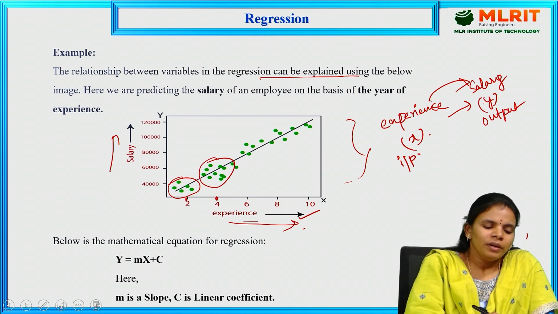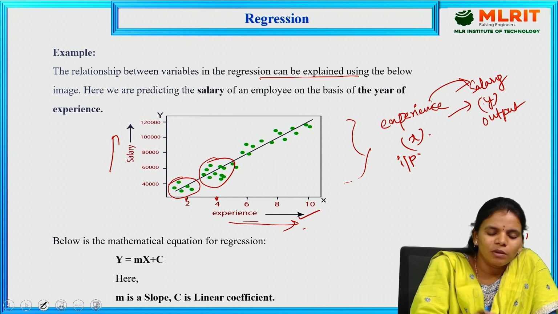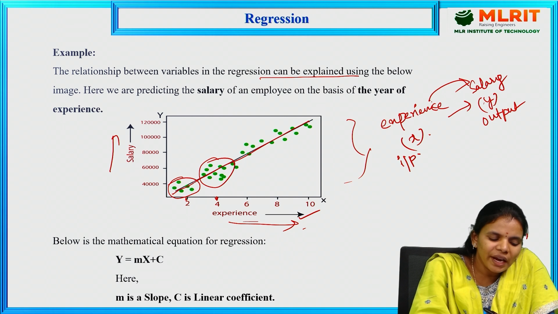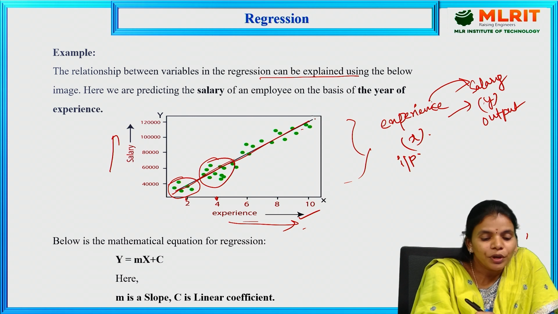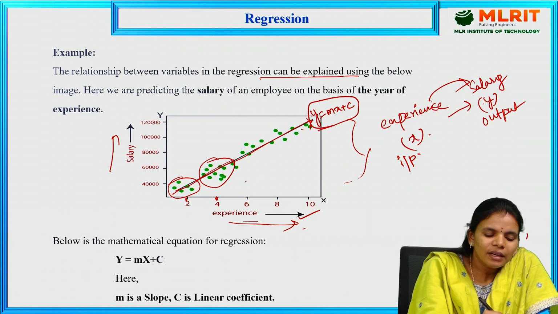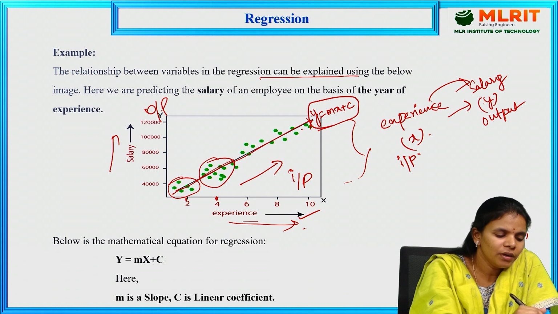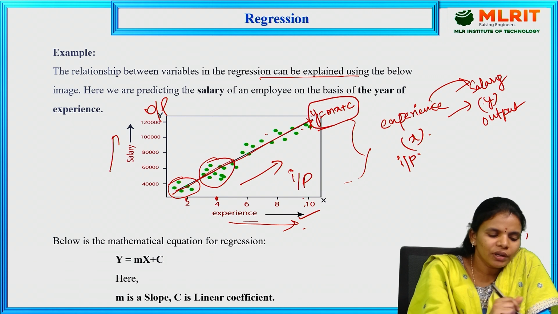Now if we represent these experience and salary data points on a graph, it takes a linear line or a straight line between your data points. To represent this straight line, the formula is y equals mx plus c. Regression analysis helps us to understand a linear relationship between your input variables and output variables. So this is the linear line between your input and output variable.